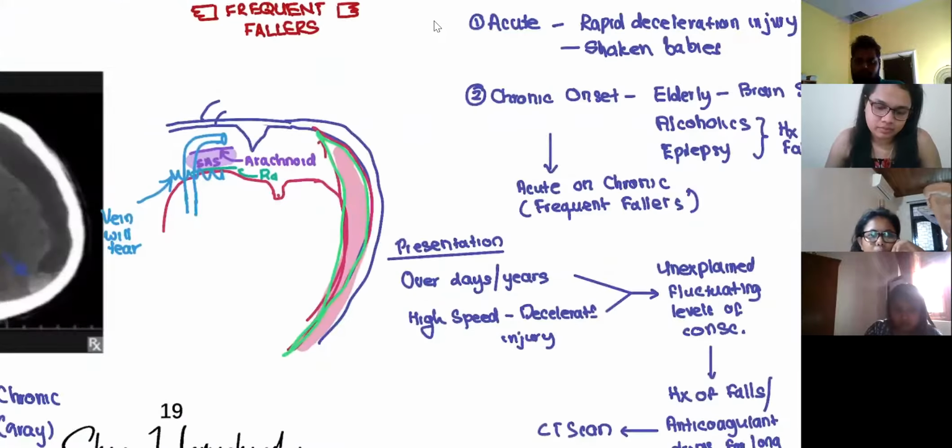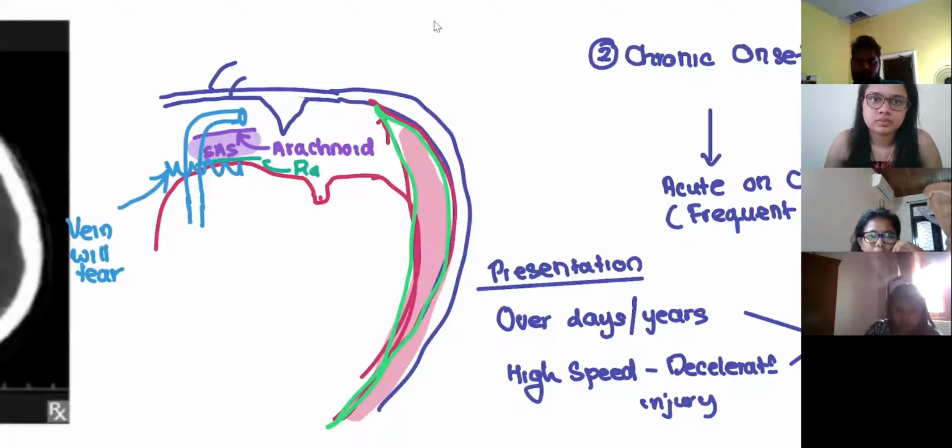Remember this. I told you that the veins must travel out of the arachnoid layer, past the subarachnoid space to the dural layer. And when it goes through the subarachnoid space, I told you the brain is floating there.